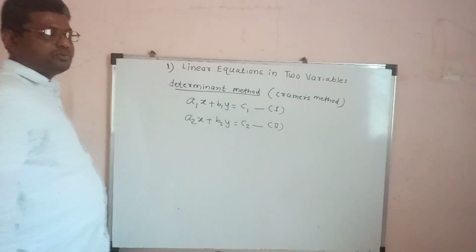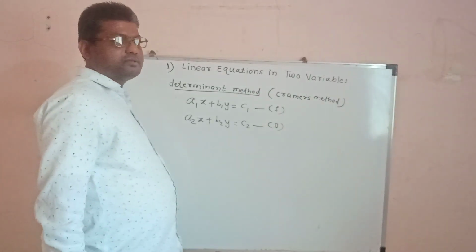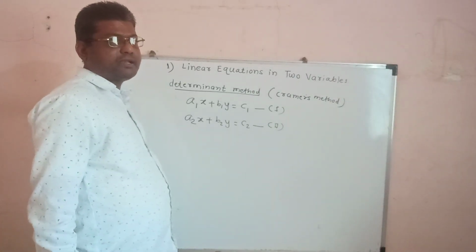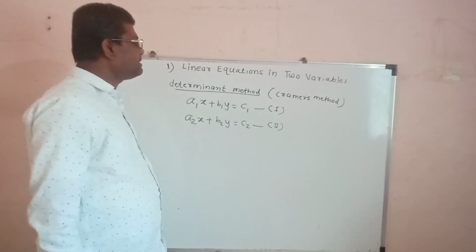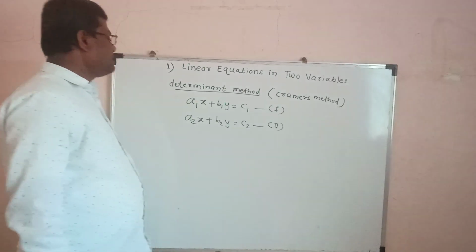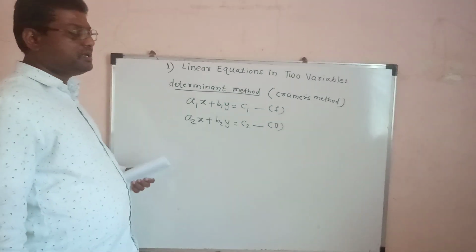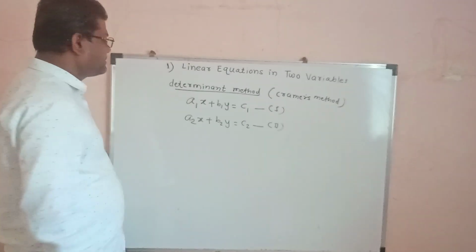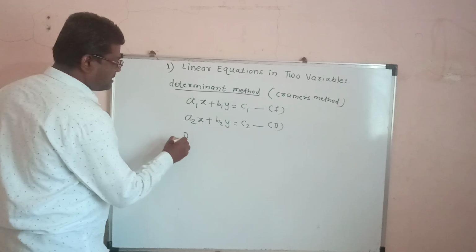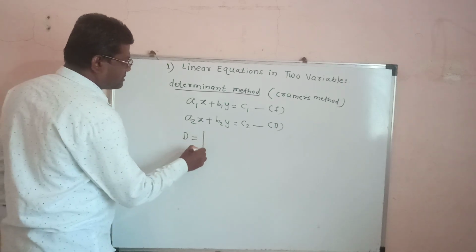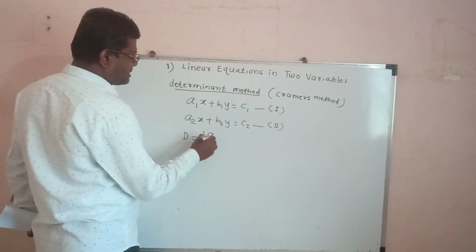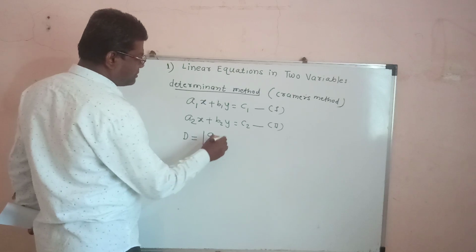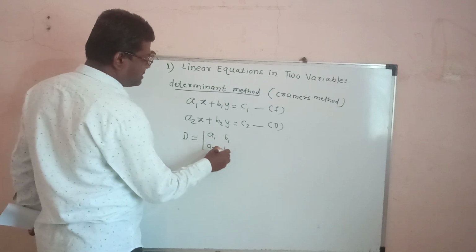In order to solve these two equations, we find three determinants. The first determinant is D, equal to the determinant of numbers a1, a2, b1, b2.